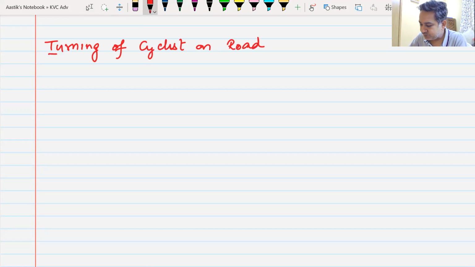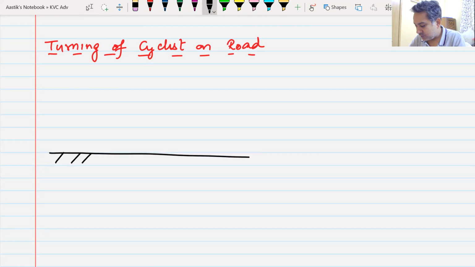Now, when cyclists or motorcyclists turn on the road, what do they do? If this is the road and they have to turn, normally the cyclist is like this. Now, how do I draw a cycle?